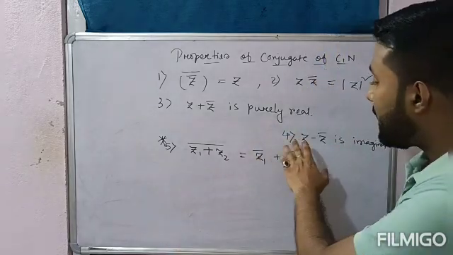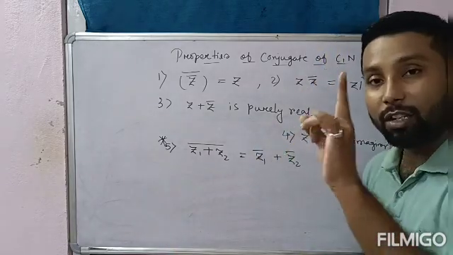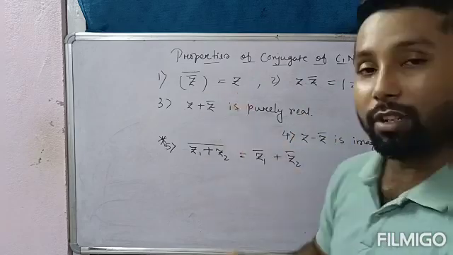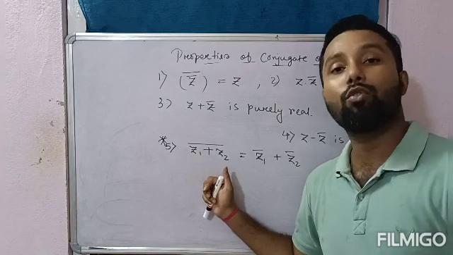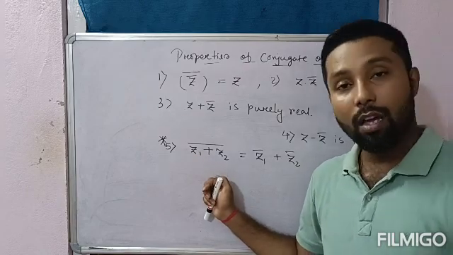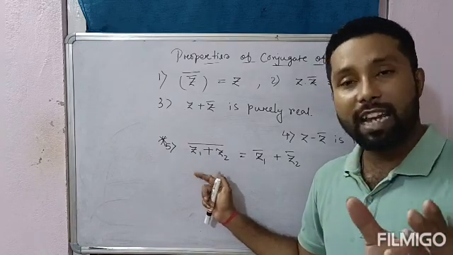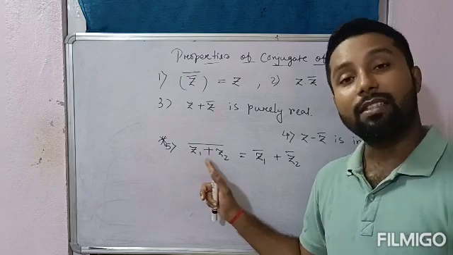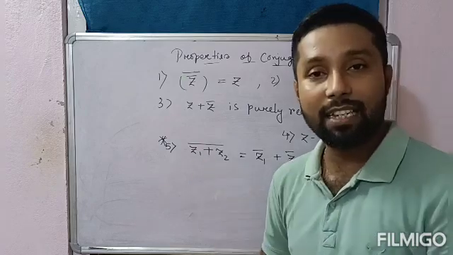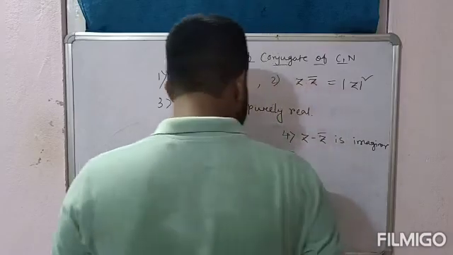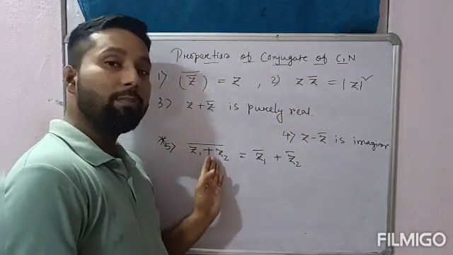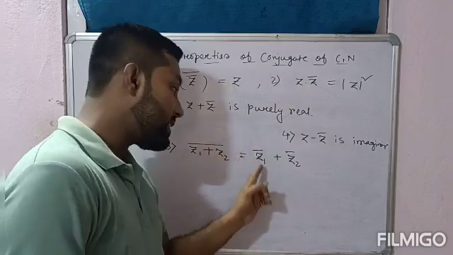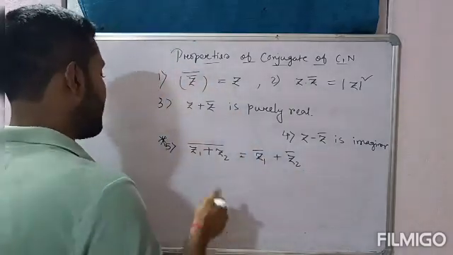Up to property number 4, I have taken only one complex number, that is Z only. लेकिन property number 5 से मैं Z1, Z2 दो अलग अलग complex number लिया, तो you can consider Z1 equal to A plus IB, Z2 is equal to C plus ID. Then try to prove this one.